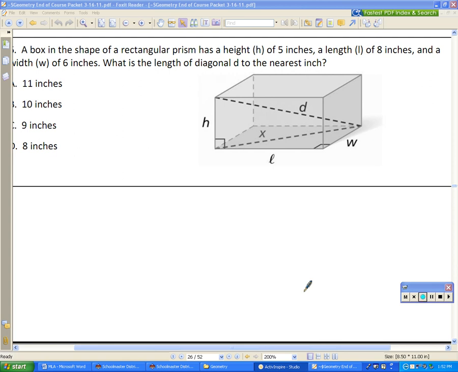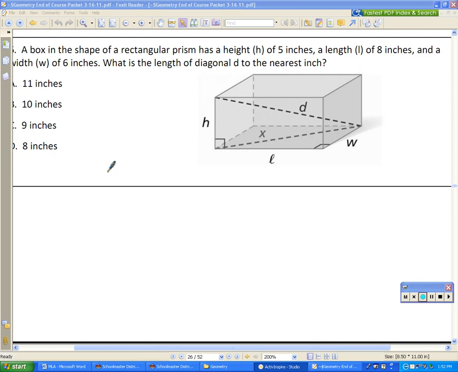So what do we do first? We find x. I already know what it is. What is it? It's 10 because it's a 3, 4, 5 right triangle where everything is doubled. So this right here is 10. Now how do I use that to find D? 5 squared plus 10 squared equals D squared.